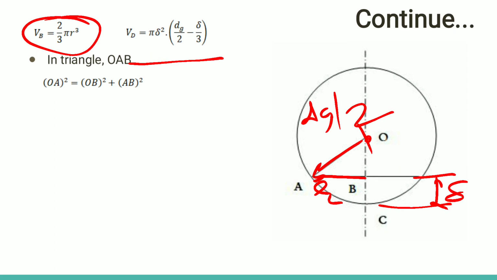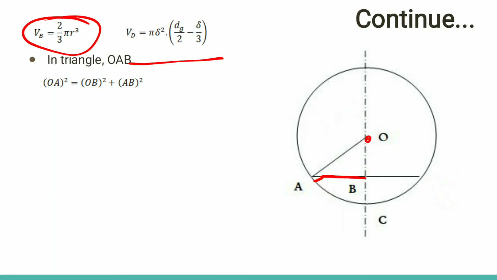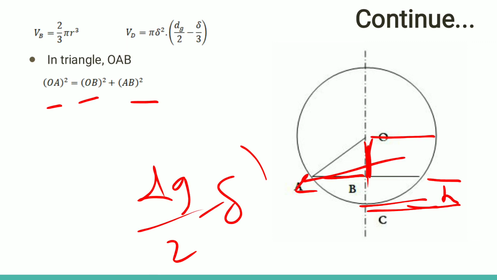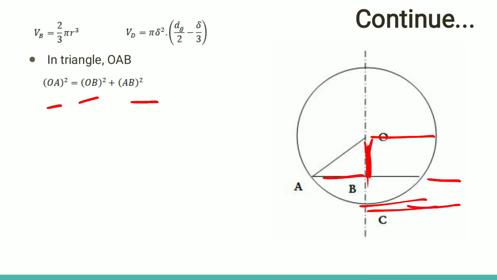Now in triangle OAB, OA square, the hypotenuse square, equals OB square plus AB square. OB is dg by 2 minus delta, and AB is r. And OA is dg by 2.